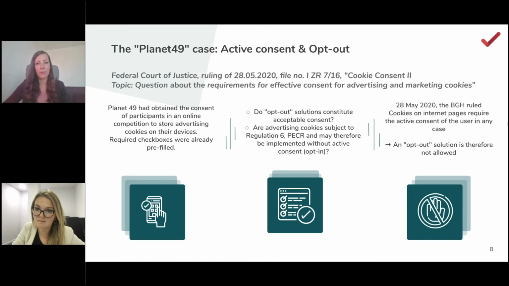Pre-checked is no longer valid, because we had different rulings from different laws. We had a law in Germany that said normally it's allowed, even if it's pre-checked, the acceptance is okay, but this is no longer valid anymore. So you need to have the clear consent. And this decision now puts many companies into a lot of trouble.